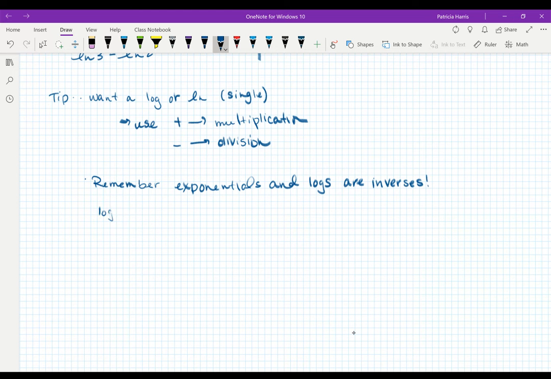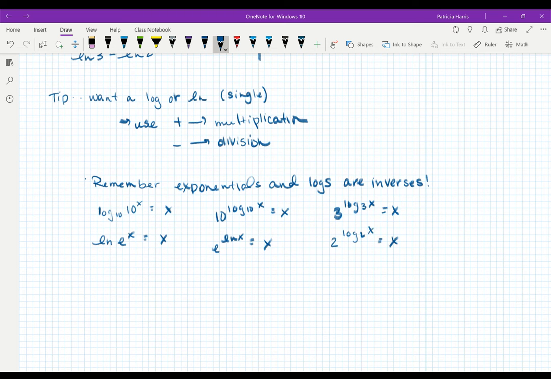So log base 10 of 10 to the x will give you an x. ln e to the x will give you an x. 10 raised to log base 10 x will give you an x. e raised to the ln of x will give you an x. You'd also do the same thing with other numbers, like that. Okay, I personally think logs are kind of fun, but that's me.